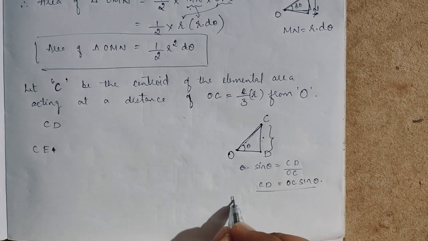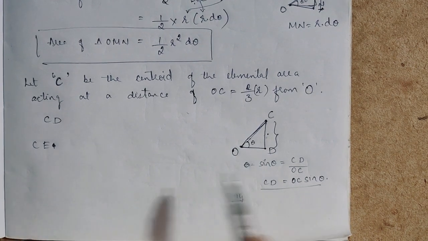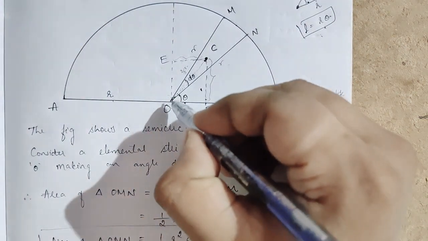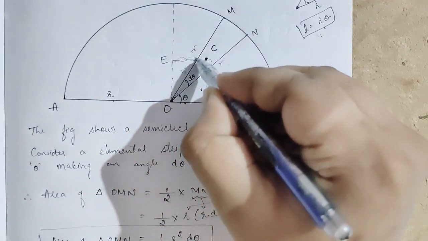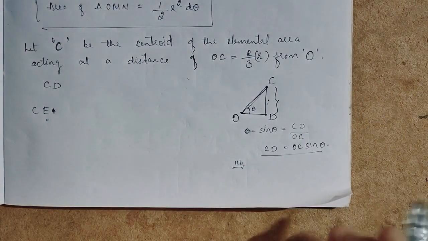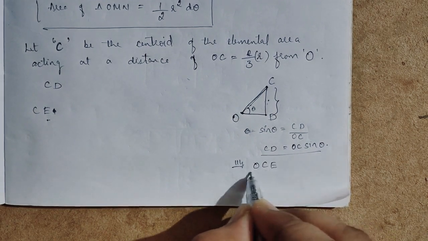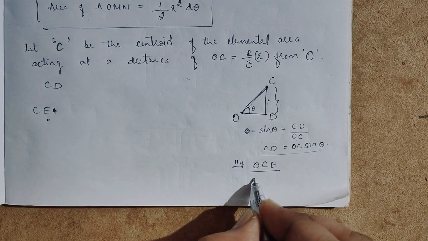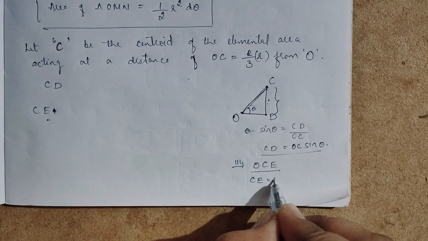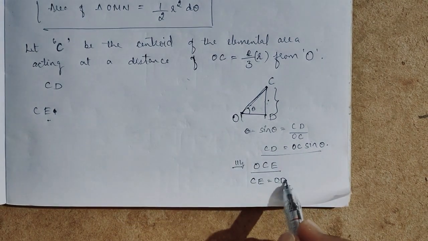And with the same concept, similarly, I also want CE, right? This one, CE, see here, this triangle, with the same concept. For the OCE triangle, I'll write directly that CE is equal to OD, since CE is also perpendicular to OD.